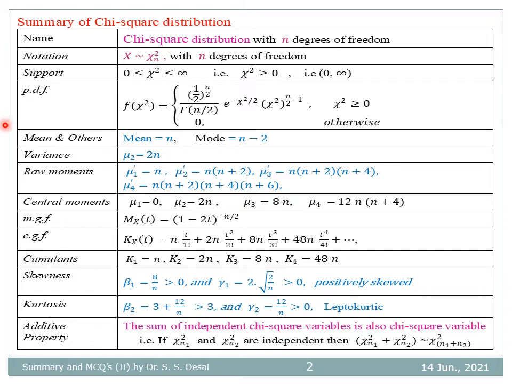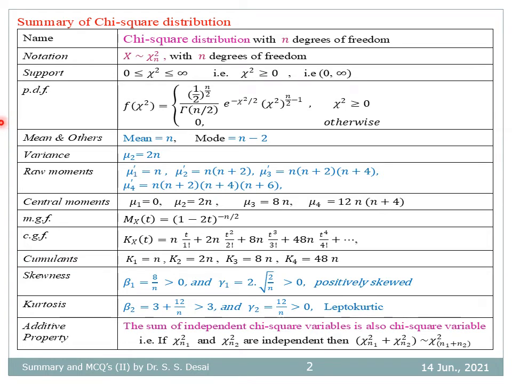Thus, if small n is the number of variables involved in the distribution and k be the parameters estimated from the sample, then degrees of freedom equal to n minus k.